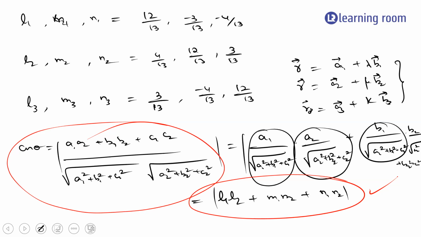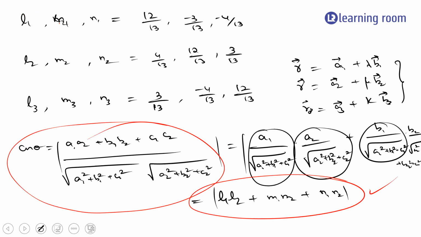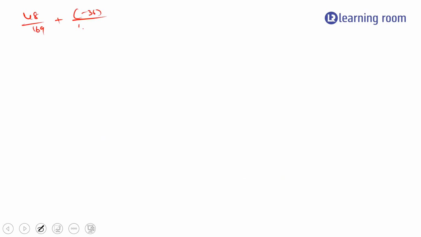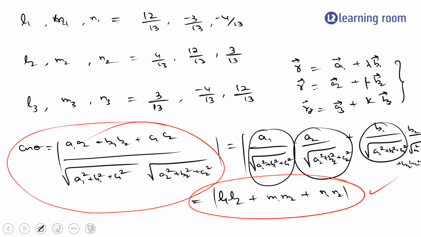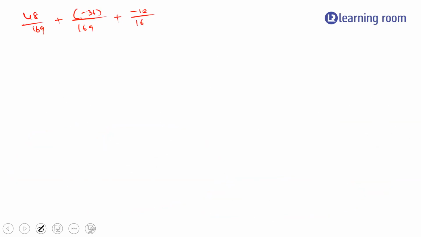Can you guys do that fast? Listen. L1 L2 is 48 by 159, plus M1 M2 is minus 36 by 159, plus N1 N2 is minus 12 by 159.